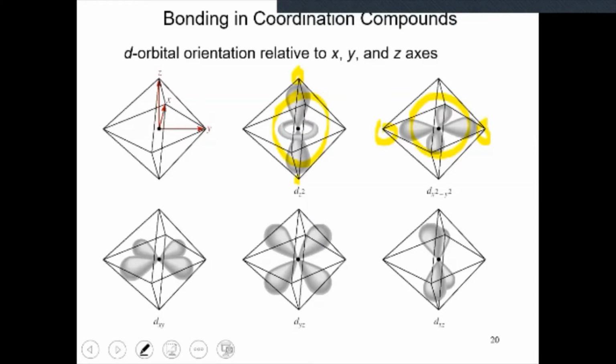Remember, we're not proposing that the donor atom forms a bond by overlapping with the d orbitals of the central cation.